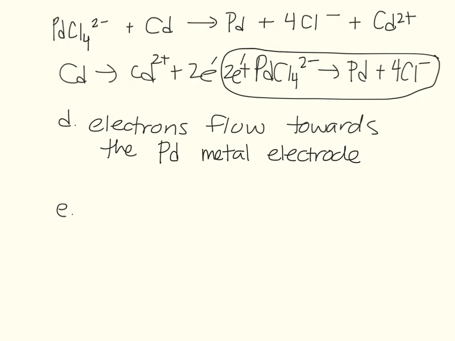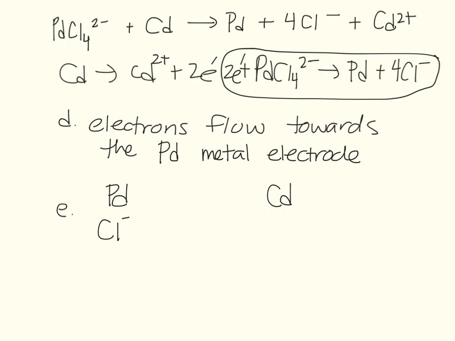In a salt bridge, you would see that the cadmium electrode and the palladium electrode are going to be producing or consuming cations. The palladium metal will be consuming cations, so there will be an overwhelming negative charge left over in that area.